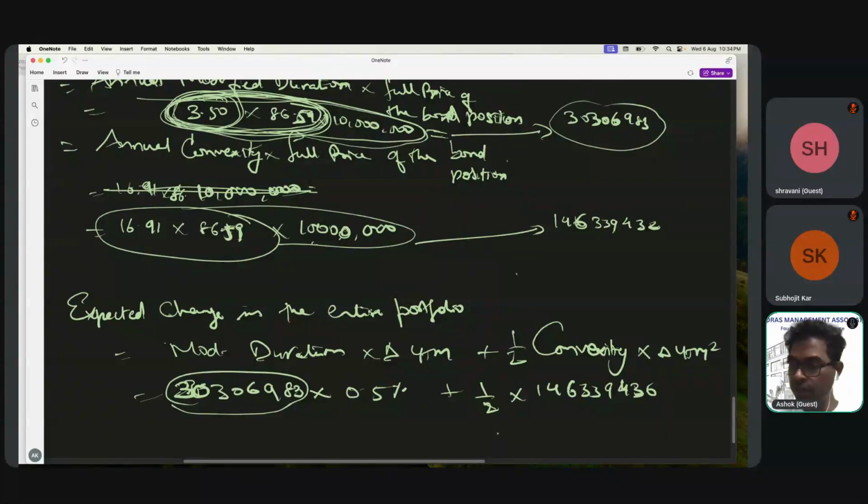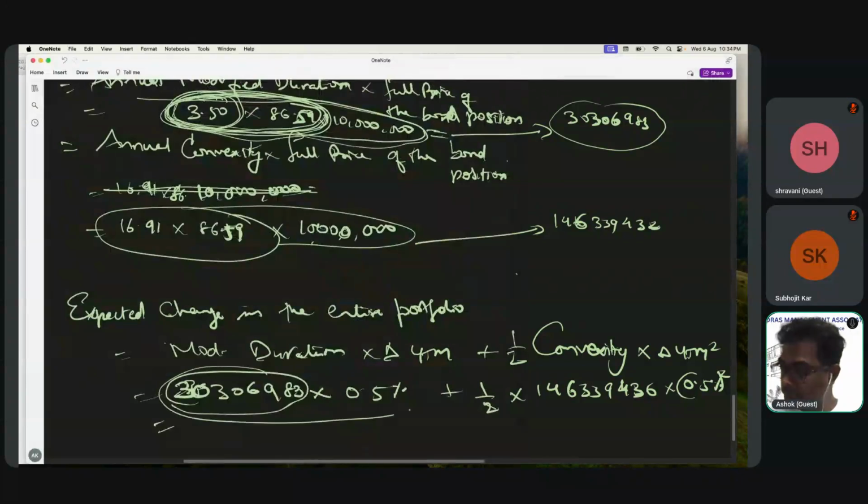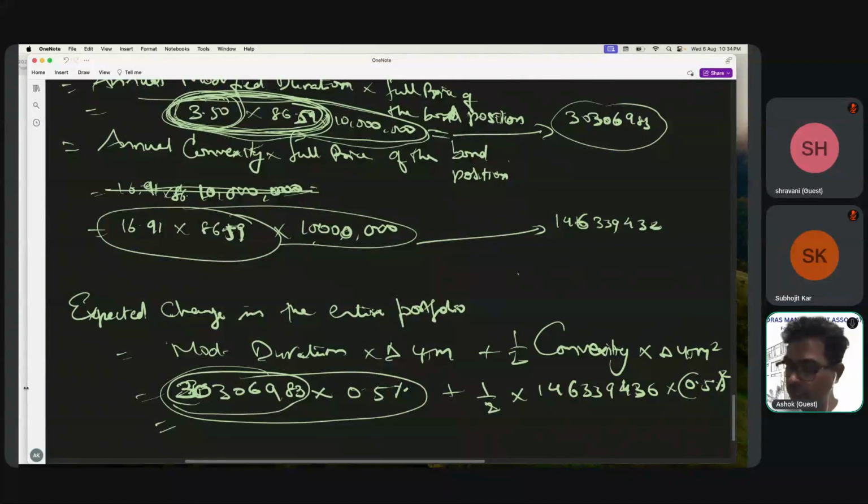I have calculated holding period yield, I'm annualizing it. Similarly, I'm calculating for the entire portfolio into 0.5 percentage square. When you calculate all this, you will get this number. First calculate the left hand side and check if you are getting this number.